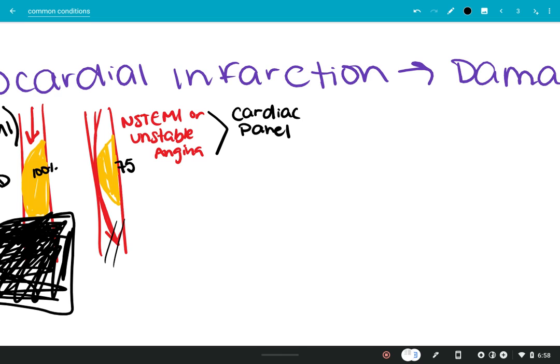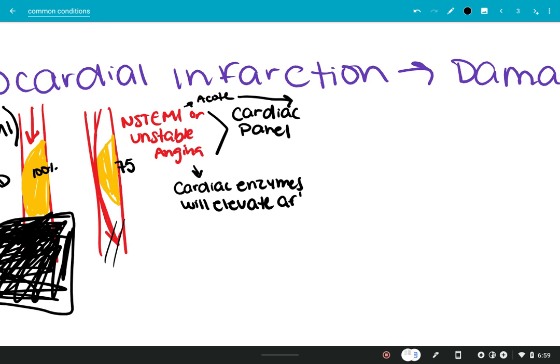Because the non-STEMI is acute and angina is normally chronic, the troponin, the cardiac enzymes, will be elevated faster. So with angina, the cardiac enzymes will elevate, but it'll be after a few days.